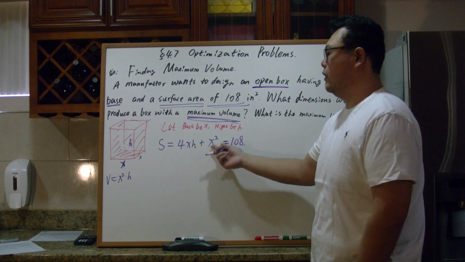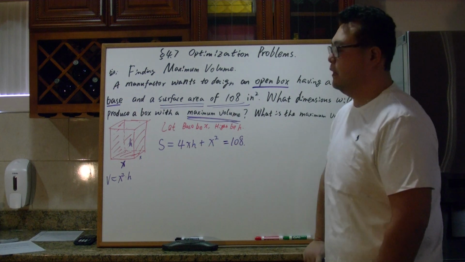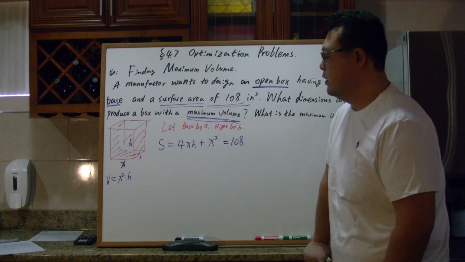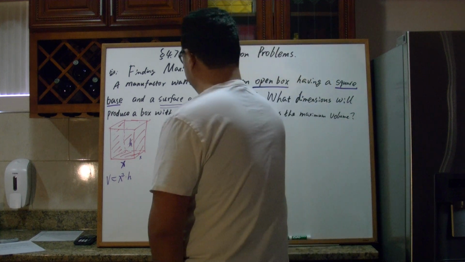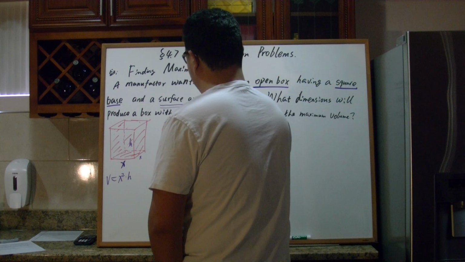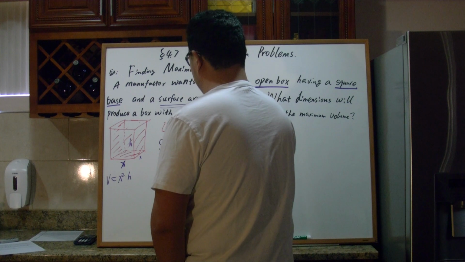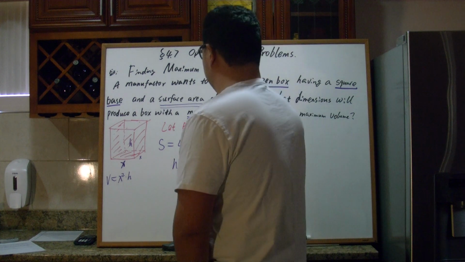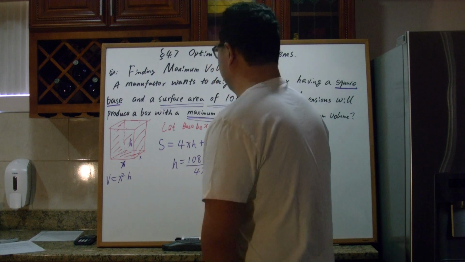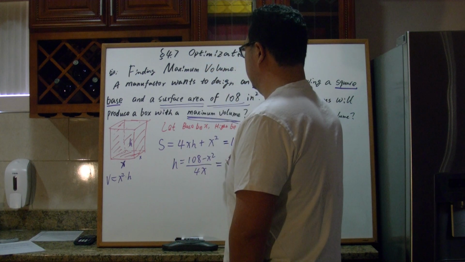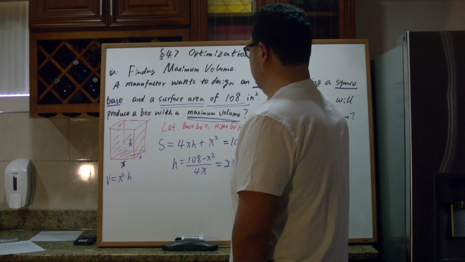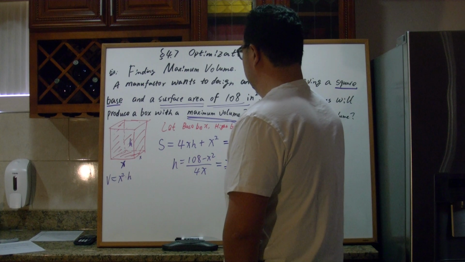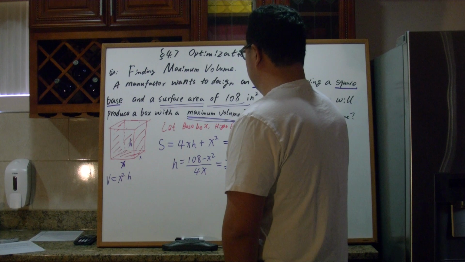Since we have the relationship between x and h, we can substitute the h out: 108 minus x squared over 4x, which is 108 divided by 4, that's 27, minus x over 4.